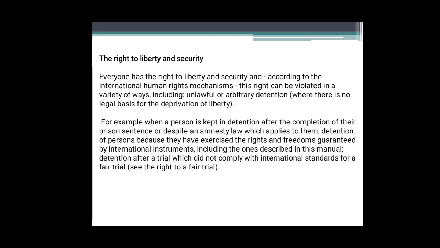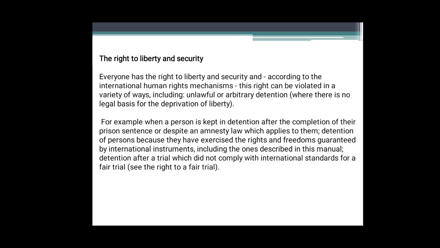The next one is the right to liberty and security. Everyone has the right to liberty and security, and according to the international human rights mechanism, violations include unlawful or arbitrary detention, where there is no legal basis for the deprivation of liberty.